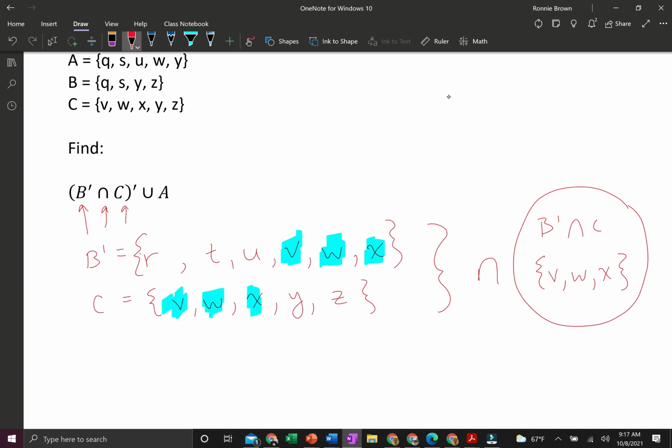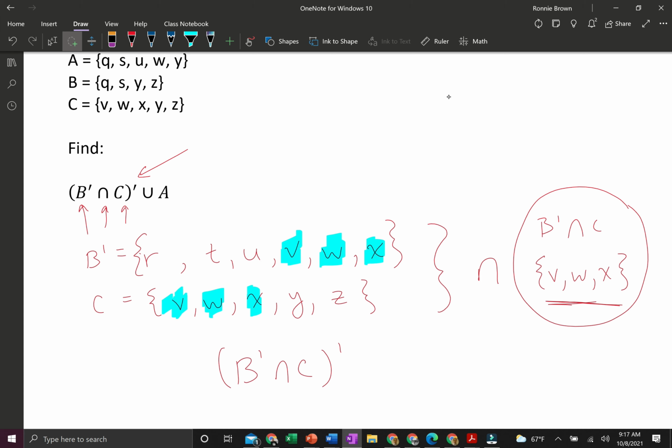It looks like it's asking us now to take the complement of that entire quantity. So we found B prime intersection C, but now we need to take the complement of it. Well, currently it's V, W, X. So we need to think that the complement of this set that includes V, W, X has to be everything else in the universal set.